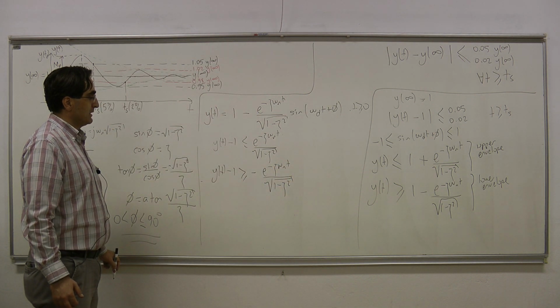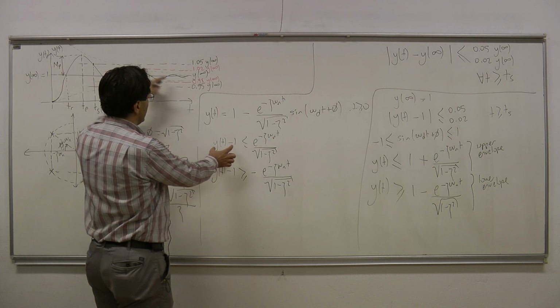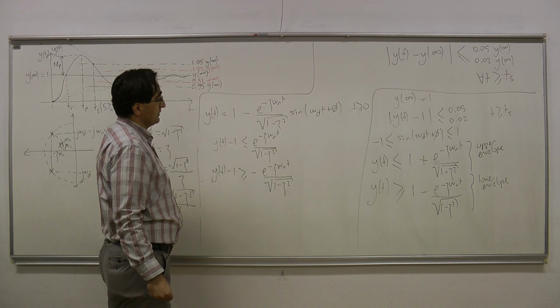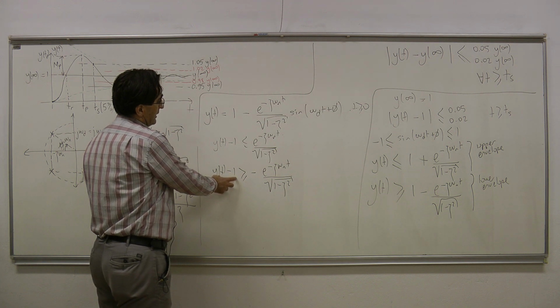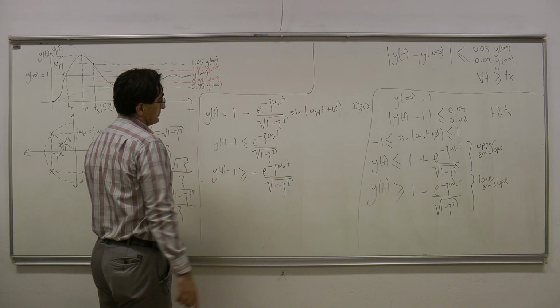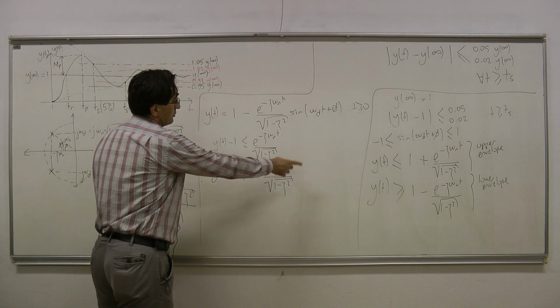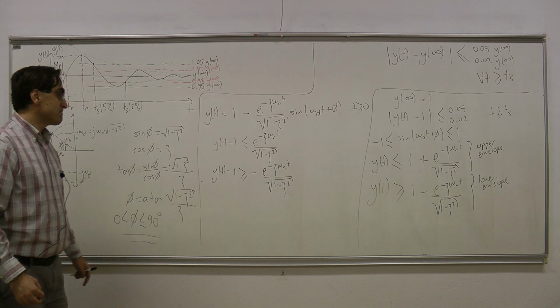Okay? So I see that the difference between y of t and this final value turns out to be always smaller than this decaying exponential. And y of t minus 1, the desired value or the final value, is also larger than or equal to the negative of that exponential. Okay?